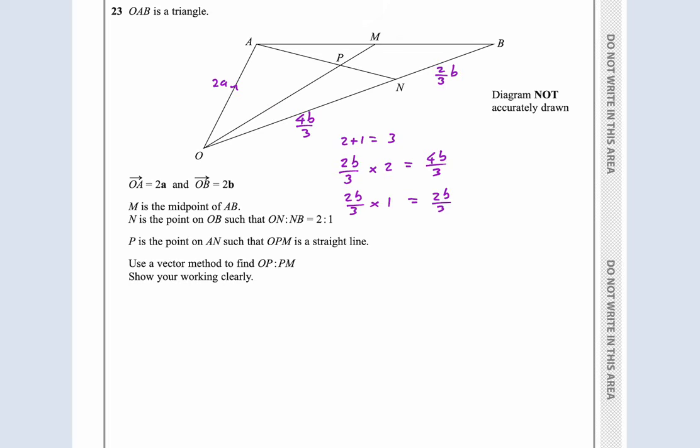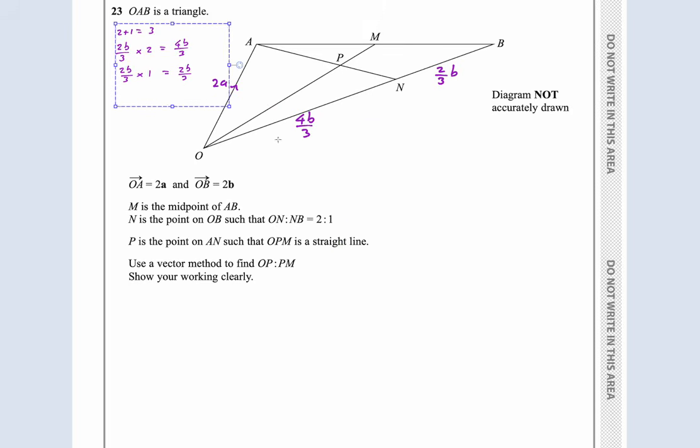If you think about it, I'll just move this over here, out of the way, but this is 2b, because 4b over 3 plus 2b over 3 is 6b over 3, which is 2b. Now that is going this direction, and this one is going this direction.